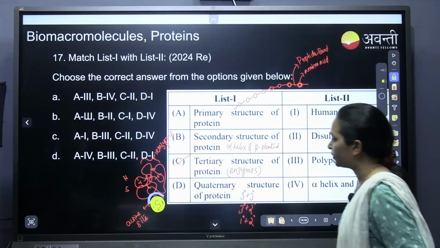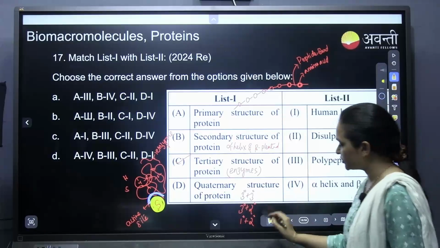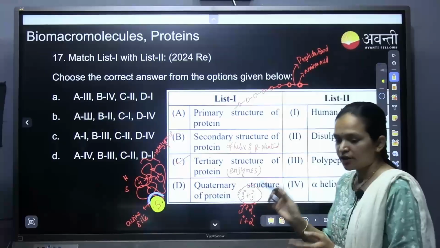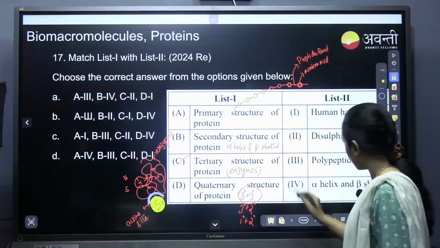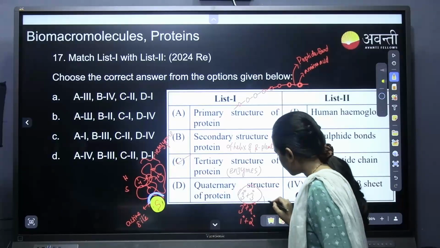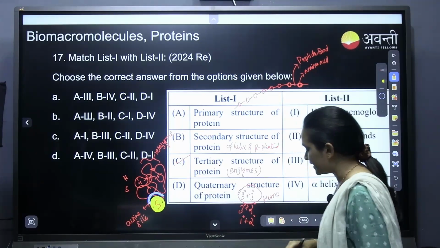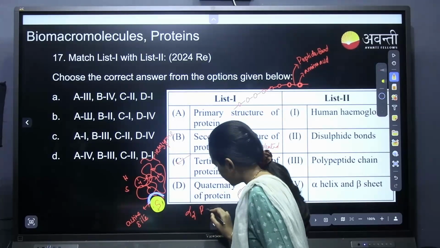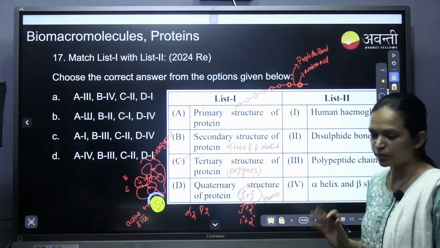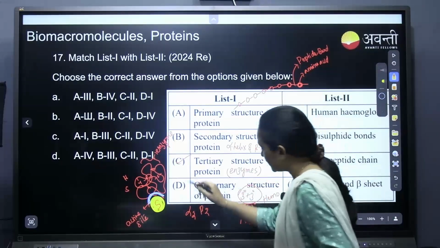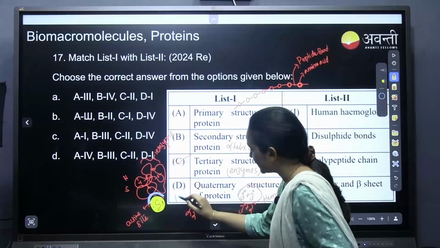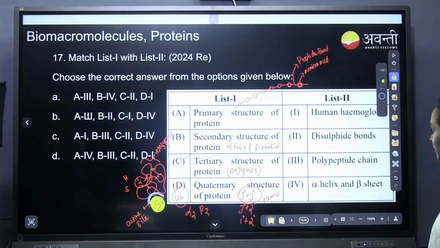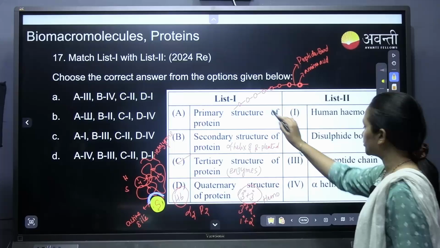A very good example is hemoglobin, in which 2 alpha chains and 2 beta chains are joined together. Hemoglobin is the example for quaternary structure. Now match it. Primary structure is just a polypeptide chain.